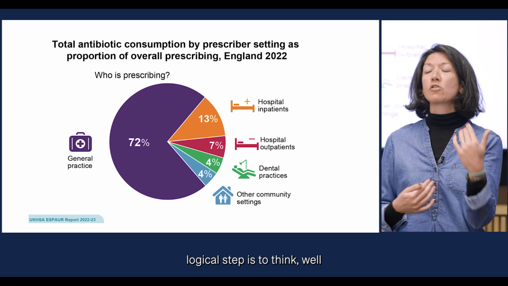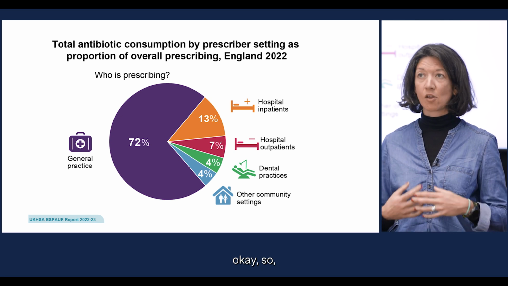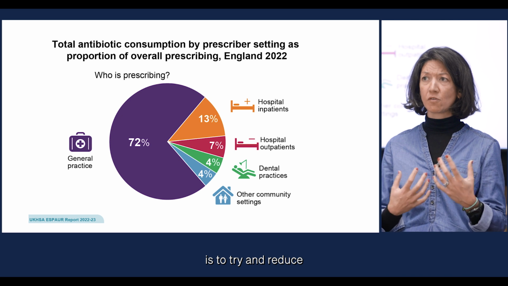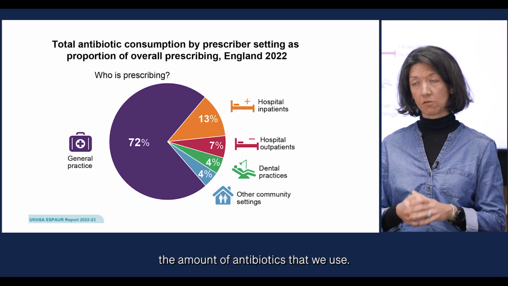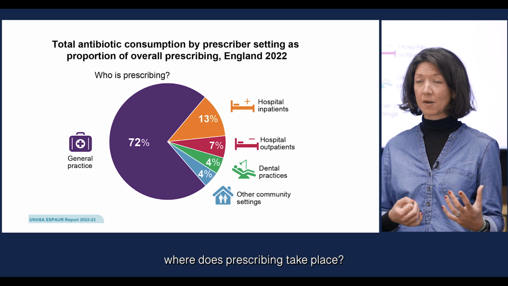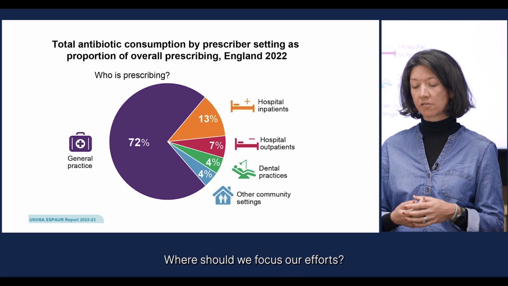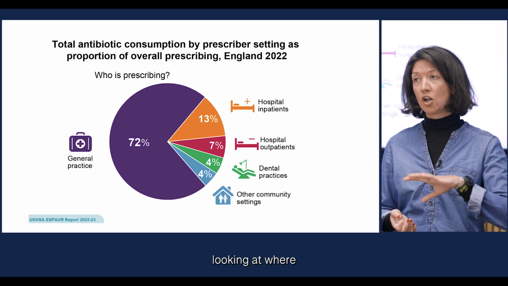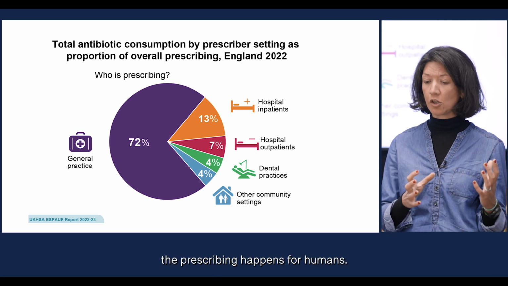So the next logical step is to think, okay, one way of tackling antimicrobial resistance is to try and reduce the amount of antibiotics that we use. Makes sense. And so the question is, where does prescribing take place? Where should we focus our efforts? This is data from the UK Health Security Agency looking at where the prescribing happens for humans.